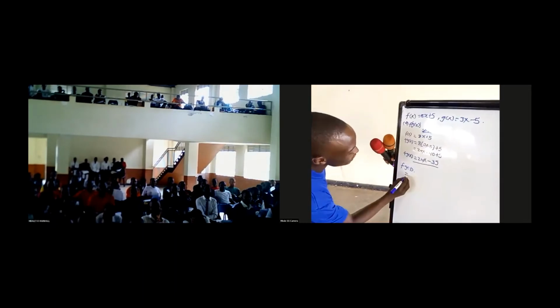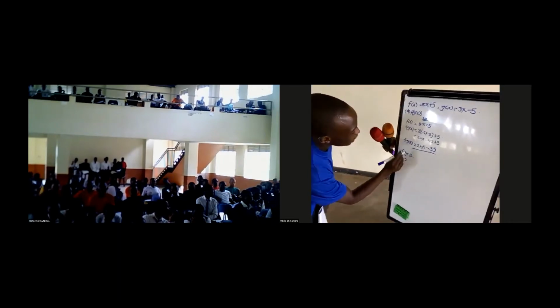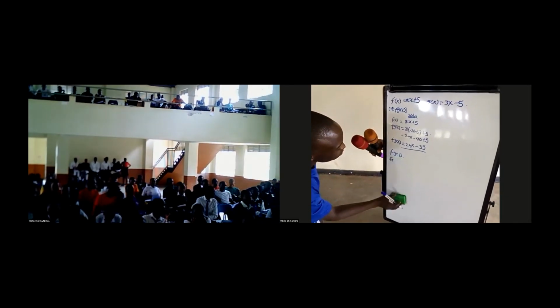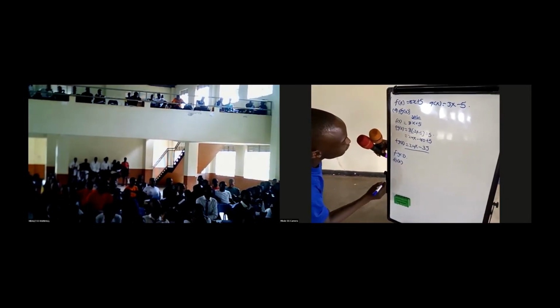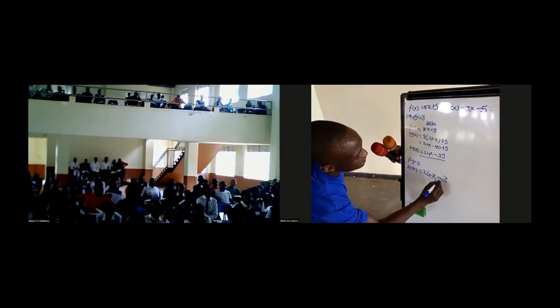So now, from my first solution in part A, I know fg of x is equal to 24x minus 35. From part A, I got my fg of x, which was 24x minus 35.